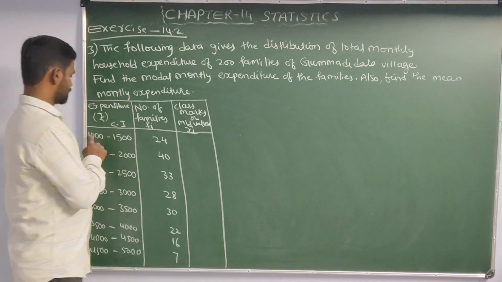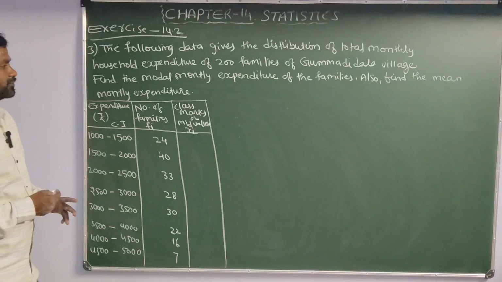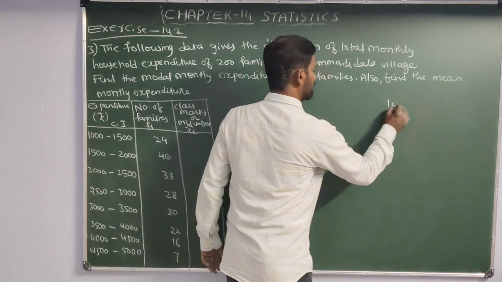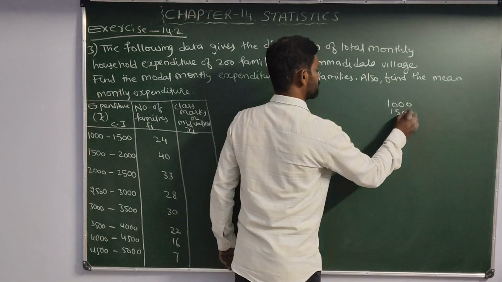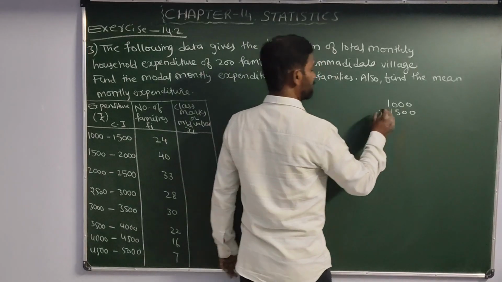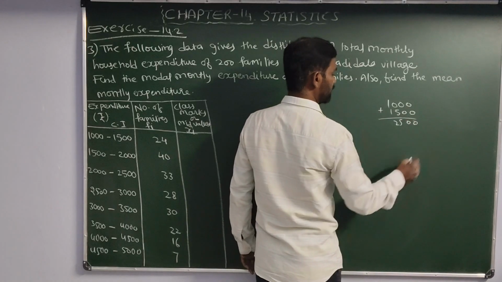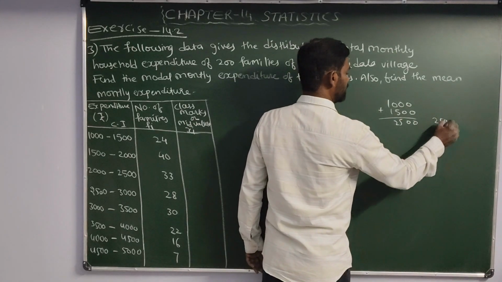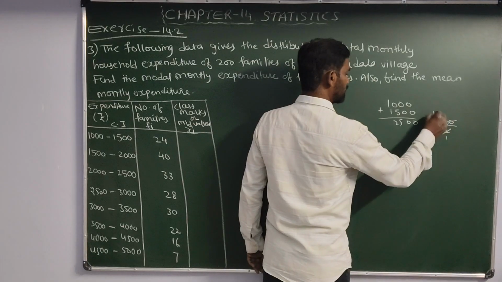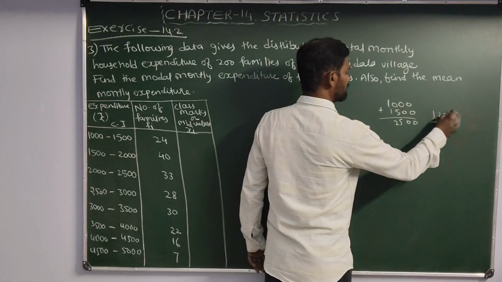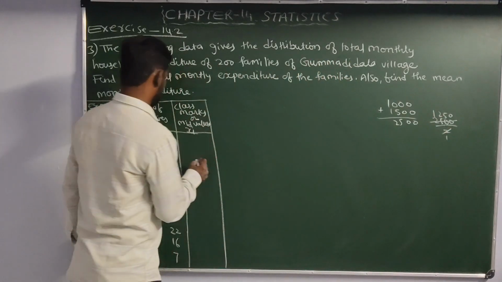Okay, right. 1000 plus 1500. We are finding the mid values or class marks: 1000 plus 1500 is 2500. If we divide by 2, it is 1250.